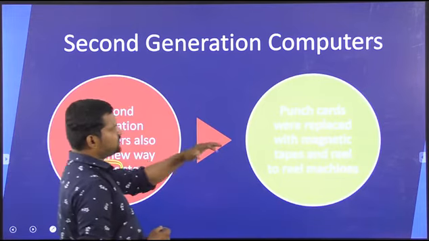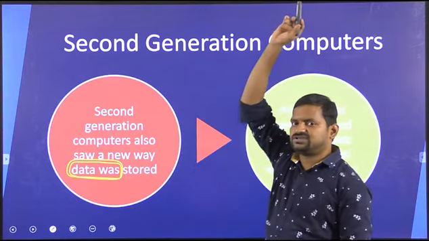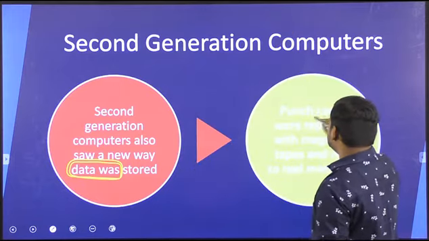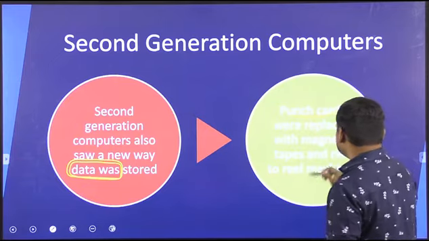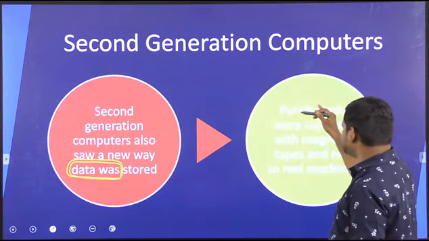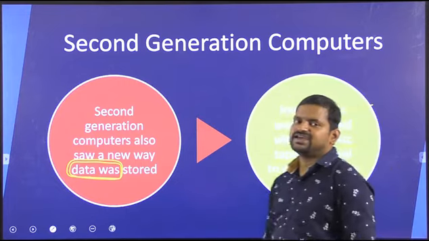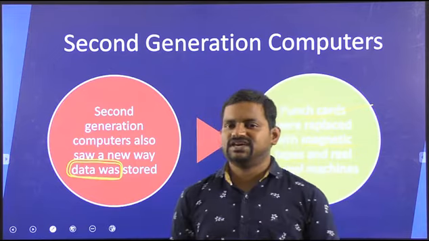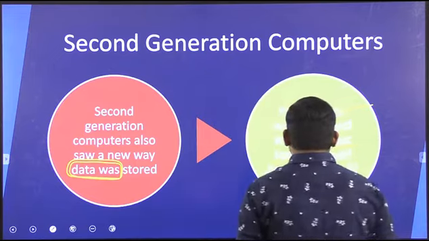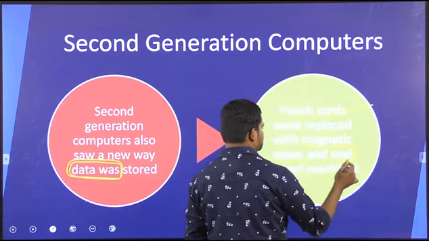In the first generation they used punch cards. In the second generation computers, they replaced punch cards with magnetic tapes, along with reel machines and tapes.